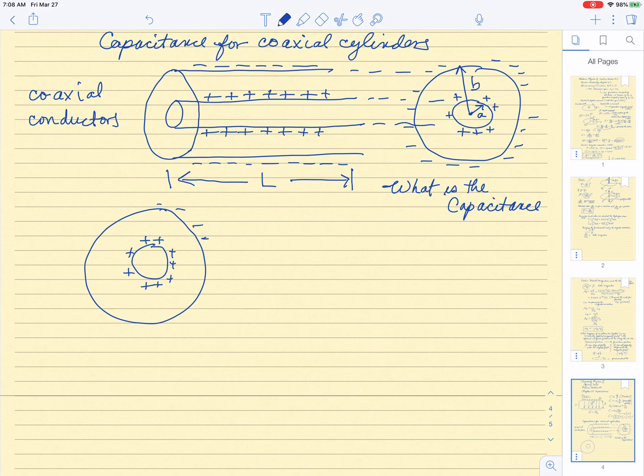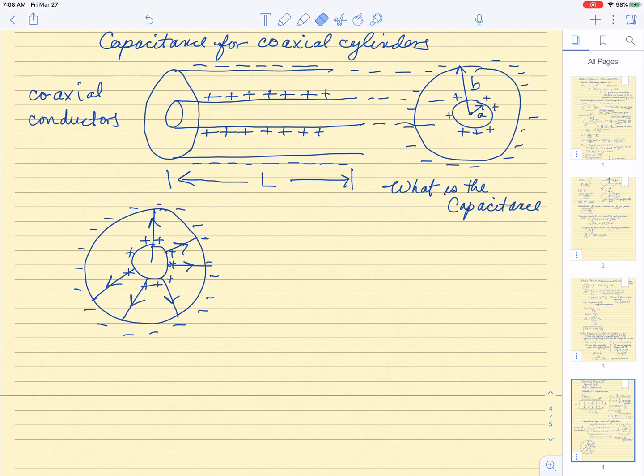here's negative. Now, what do you think the electric field looks like between those two? Well, the electric field is going to look like this, emanating out from the positively charged entities and ending on the negatively charged entities.